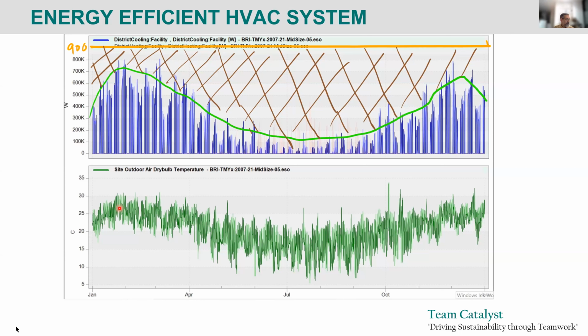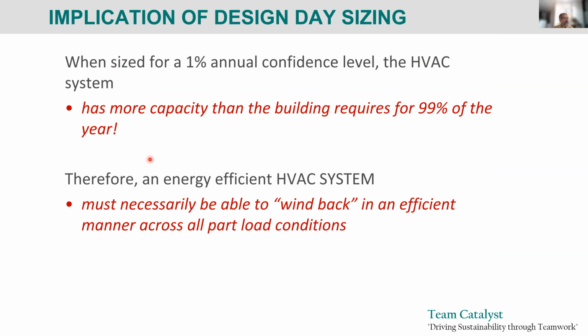And that's because by definition, when you size a system for a 1% confidence level, air conditioning engineers know what that means. It means that the 1% weather condition will not be exceeded by more than 1% of the time.